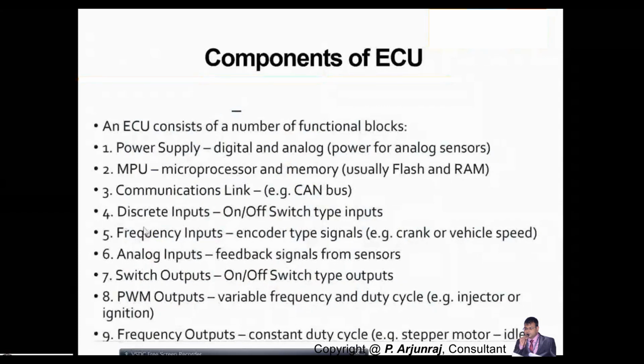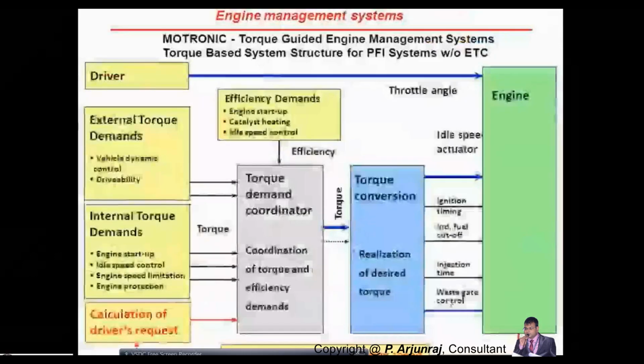And you have the inputs: frequency inputs, discrete input, analog input, output of switch, pulse width modulation output. Based on all these components, you get the communication in a much more effective manner, and accordingly can also get the output.